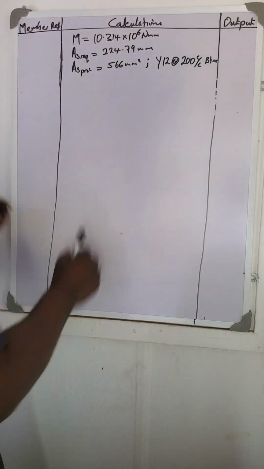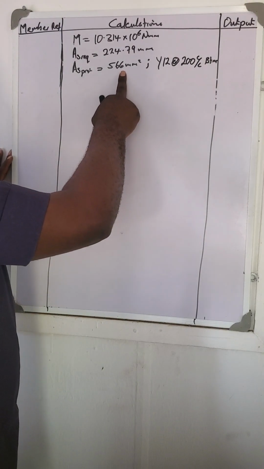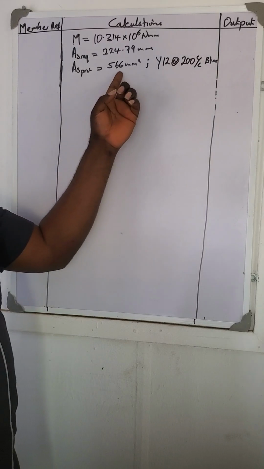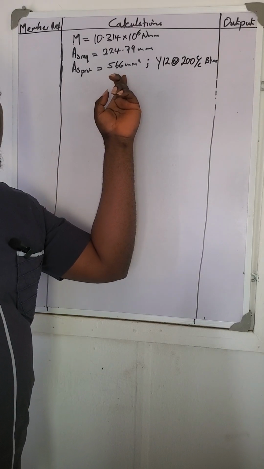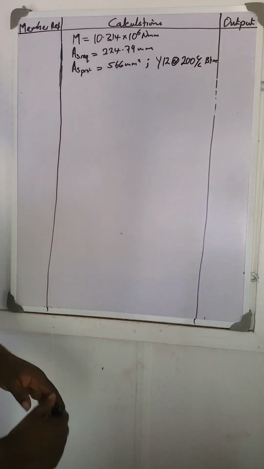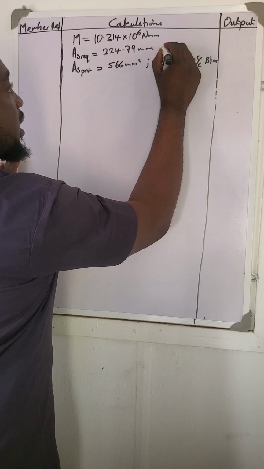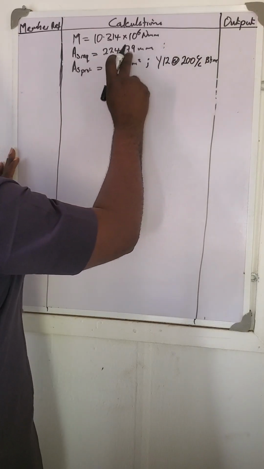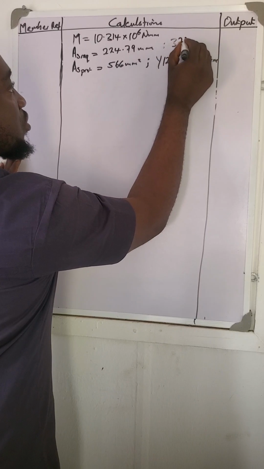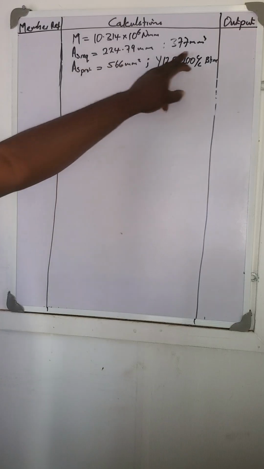All right. Now, in our last class, we discovered that our AS provided was this, and AS required was this. I said that I provided this because the steel they are producing in this country is also not standard. We're supposed to provide, from this analysis, our calculation, 377 millimeter square, which is nearest to this in the table.